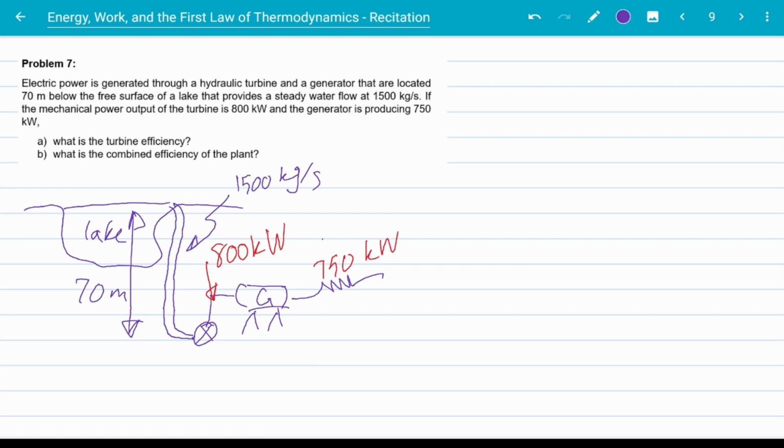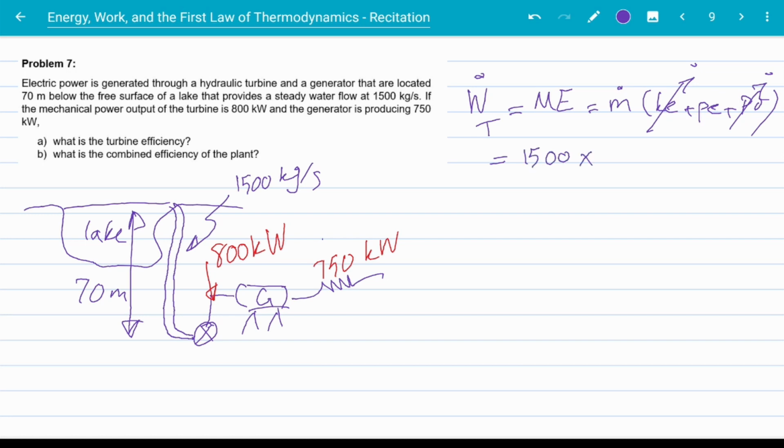Now, from before, we know how to find the maximum work that the turbine can produce. The maximum work input of the turbine is the mechanical energy of the fluid, which is m dot times kinetic energy plus potential energy. Now, the kinetic energy is negligible, and we end up with 1500 times gh. It is 1500 times 10 times 70.